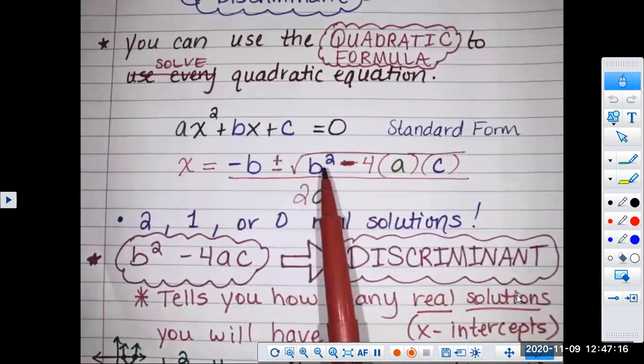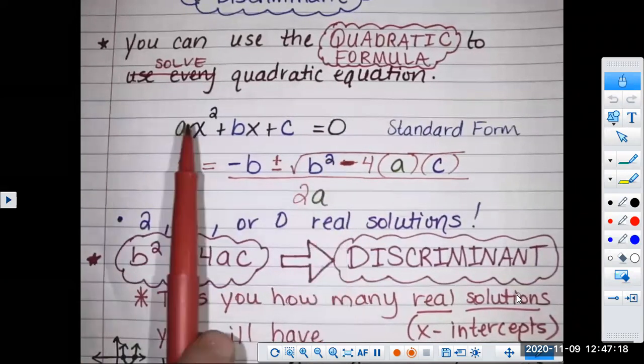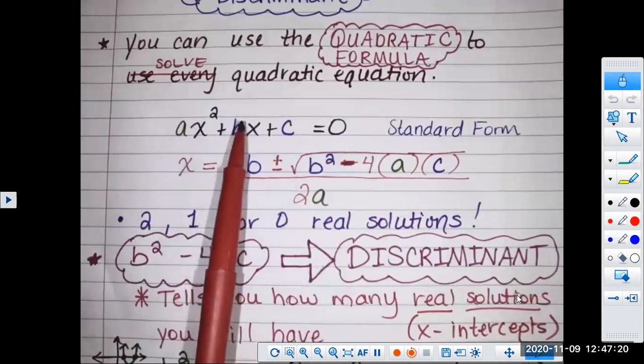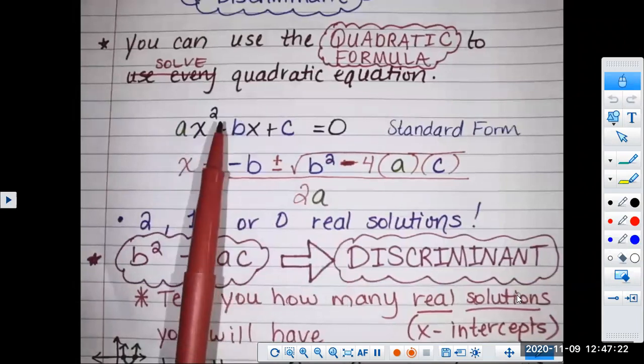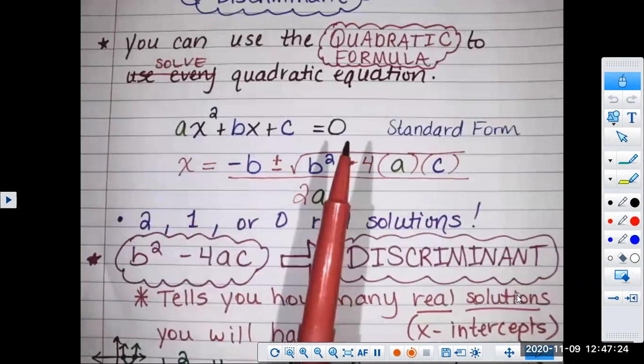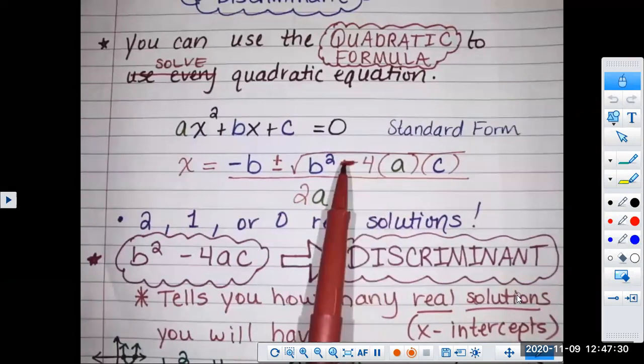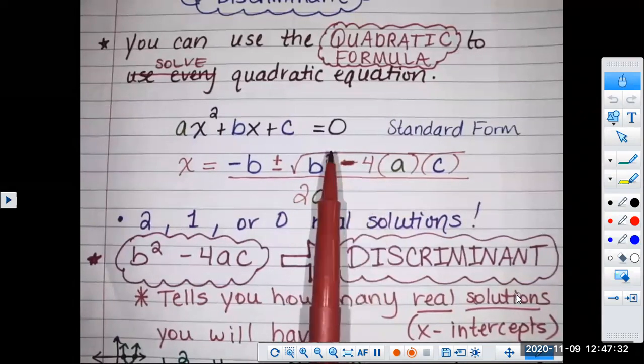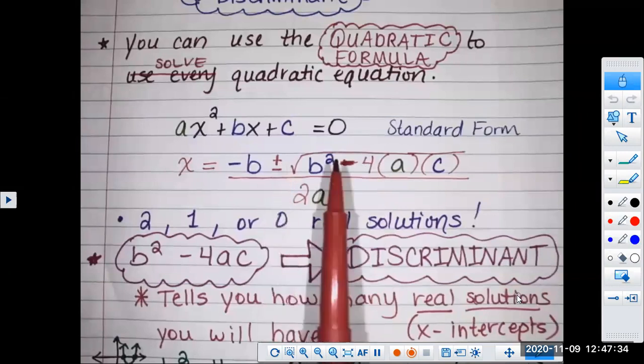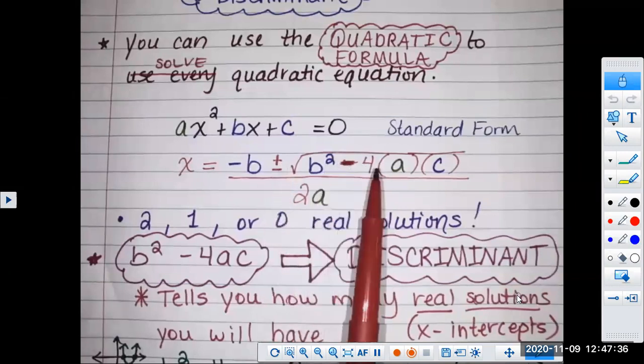Positive, right? Always, always. I don't care what the sign is in front of b. I don't care if that's a negative or a positive number. When I square it, it's always positive here, every time. This 4, you're going to consider that to be negative. You can either say plus negative 4 times all that.